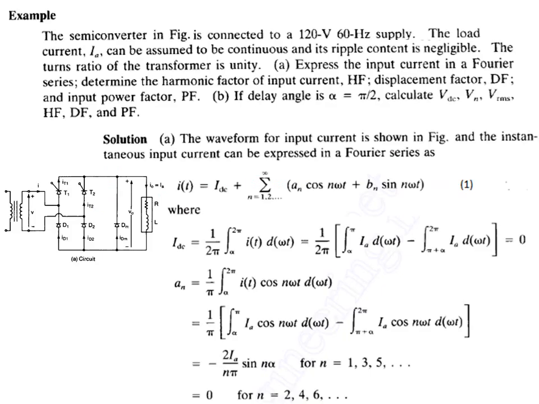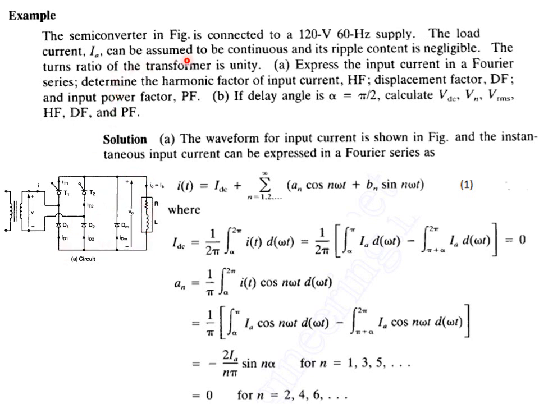Now in this problem, let us look at this particular semi-converter. We have this semi-converter circuit in front of you, where the bridge is made up of two SCRs and two diodes, and we have got the load as RL load.